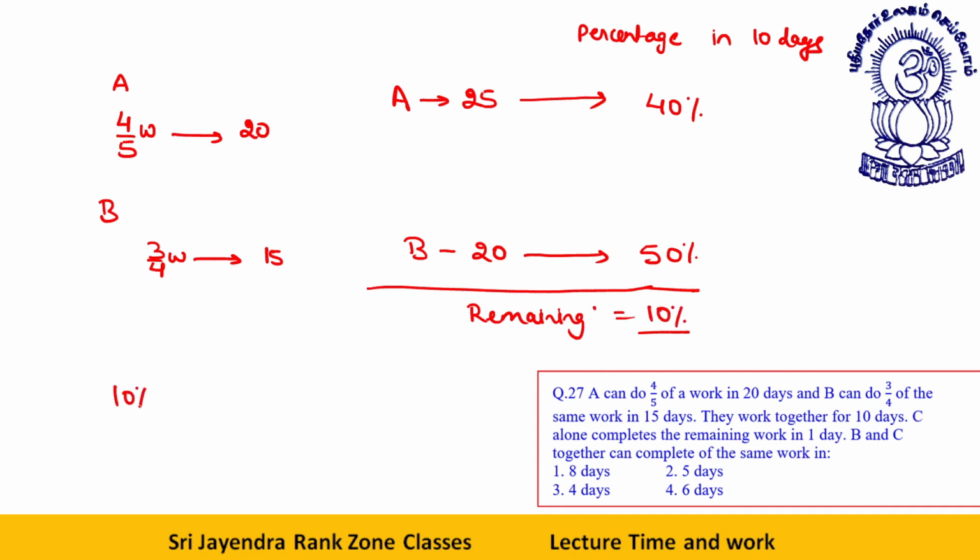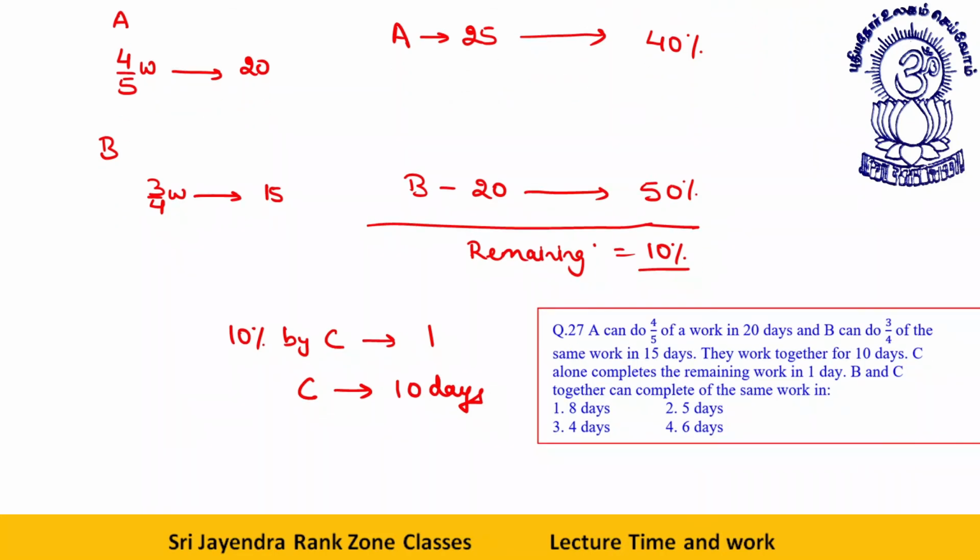So this 10% work is done by C in 1 day. So C will do the complete work in how many days? 10 days.